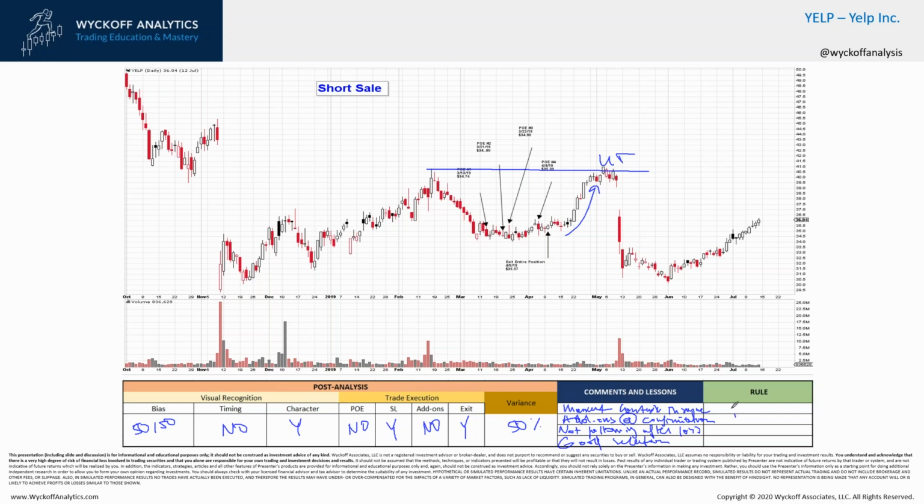So, market synchronicity, okay. Anything else? And add-ons. My rule for add-ons: add-ons can't occur without confirmation that the previous probe or entry is working.